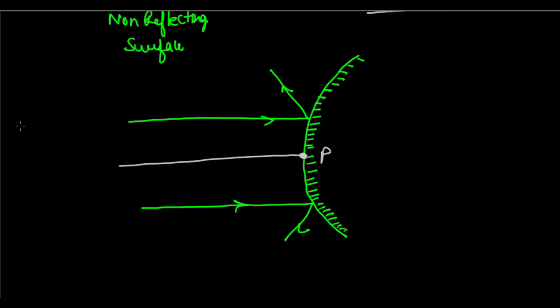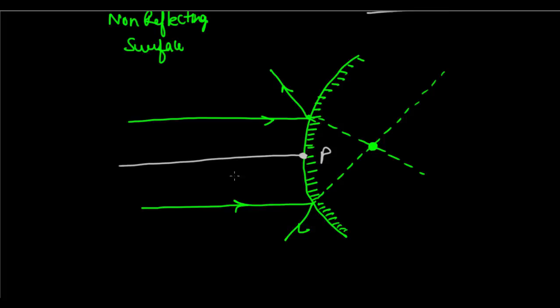But what do we do? Again, we apply our basic logic, and we extend our reflected rays. So it is seen that they meet at some imaginary point when they are extended. When I extend them, they meet. They don't actually meet, as in the case of a concave mirror, but they appear to meet when I extend them.